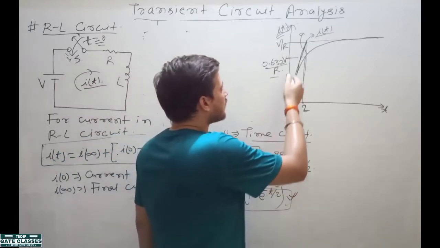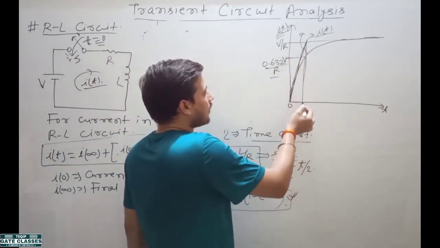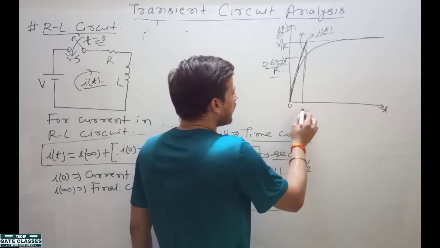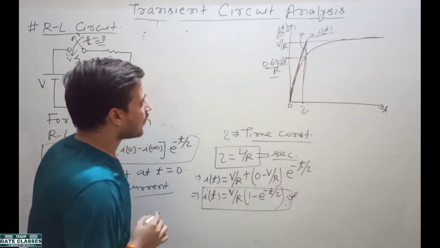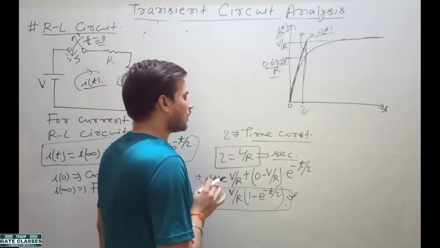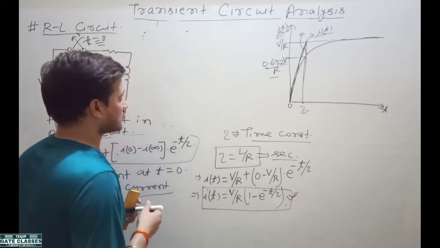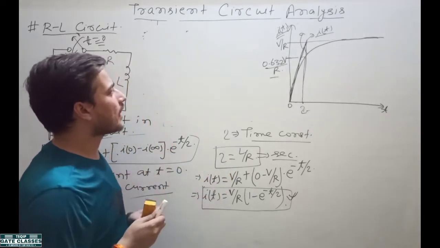If the graph was linear, then at time t equal to tau, the value would become V by R. Clear? So you understood what is time constant. So this is the graph of i(t).